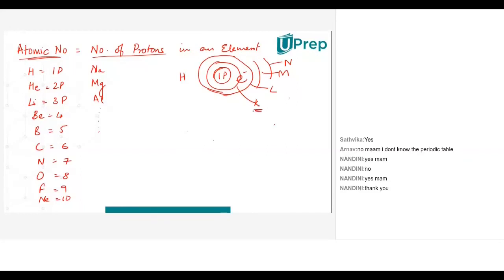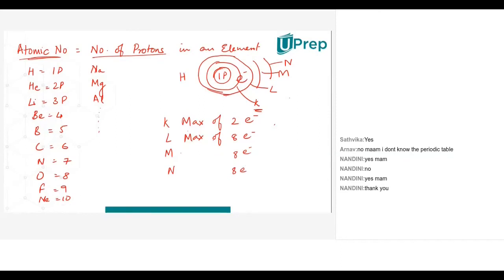So K shell can have a maximum of 2 electrons. L shell can have a maximum of 8 electrons. M shell can have a maximum of 18 electrons. But what happens is, the moment I fill 8 electrons inside the M shell, the N shell starts filling.